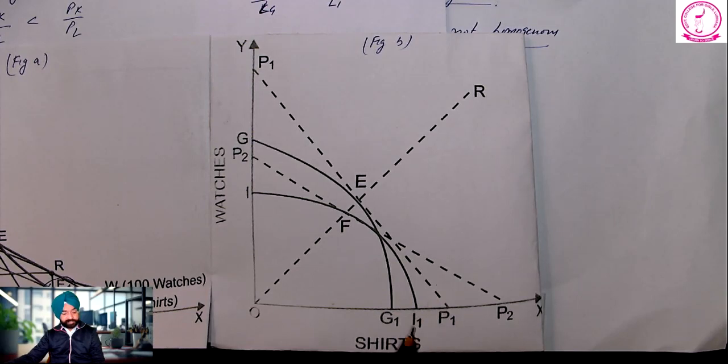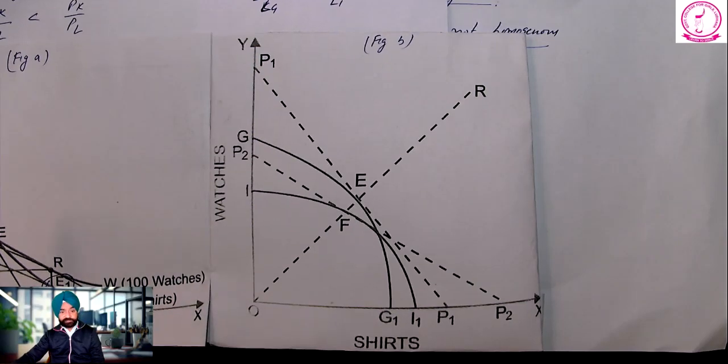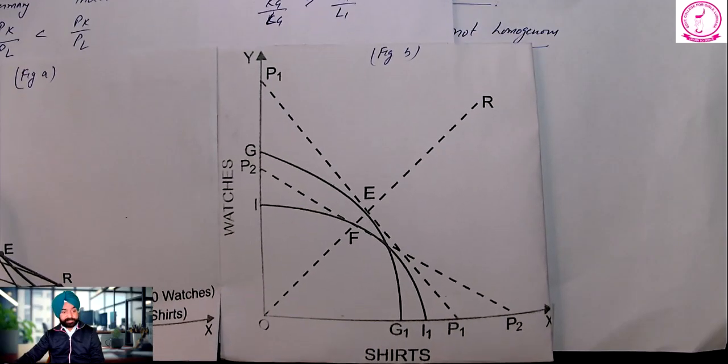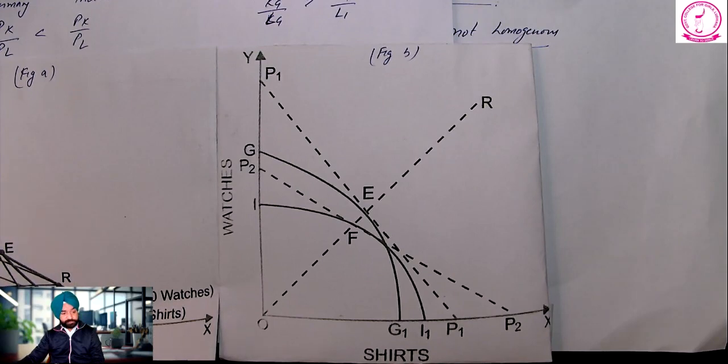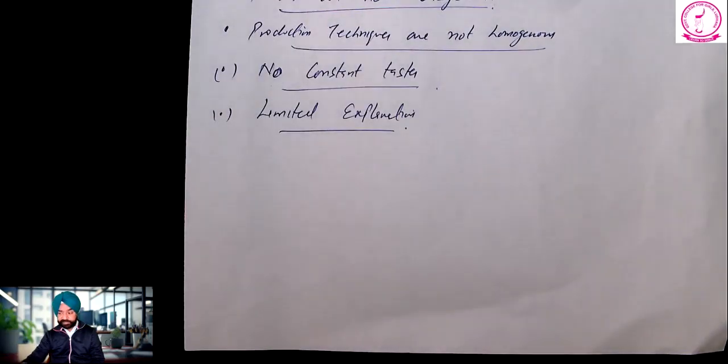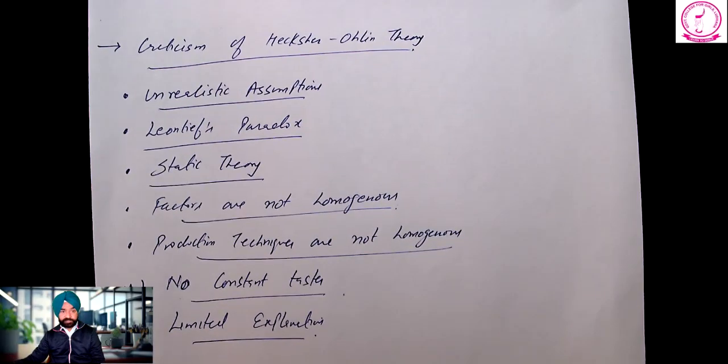So when we discuss this Heckscher-Ohlin theory, you have to discuss these two. Number one, price criteria. First of all, you have to explain price criteria, and then you have to explain physical criteria. After explaining these two criteria, it will be very easy to understand the Heckscher-Ohlin theory. So this is very clear with these two topics.